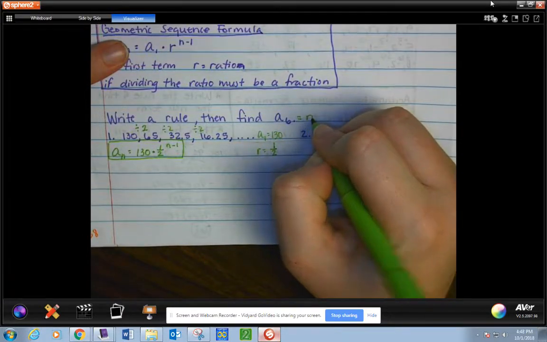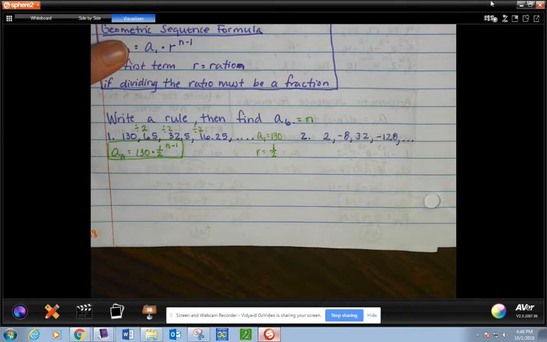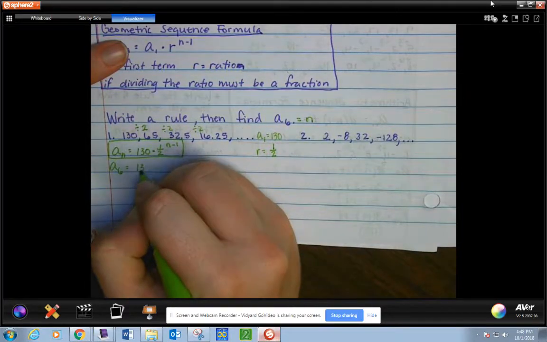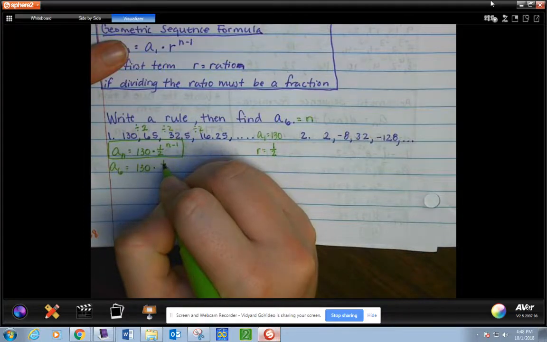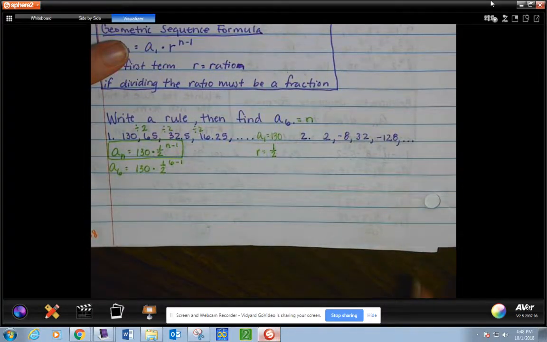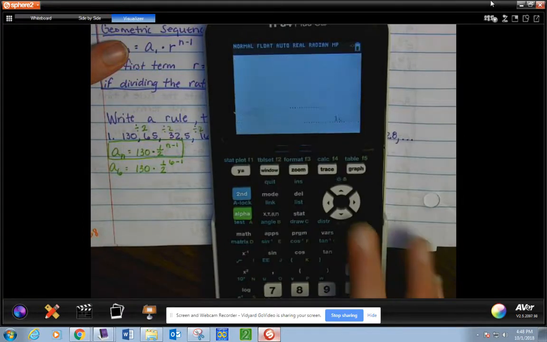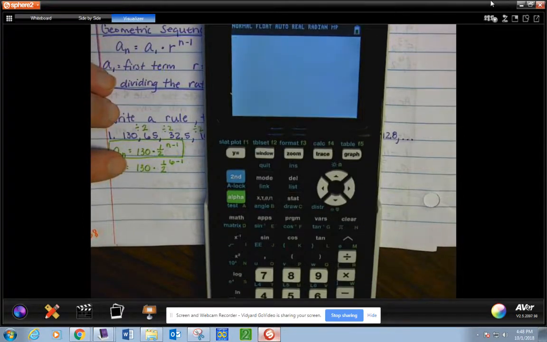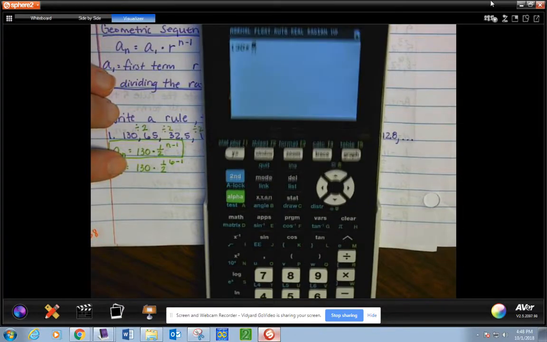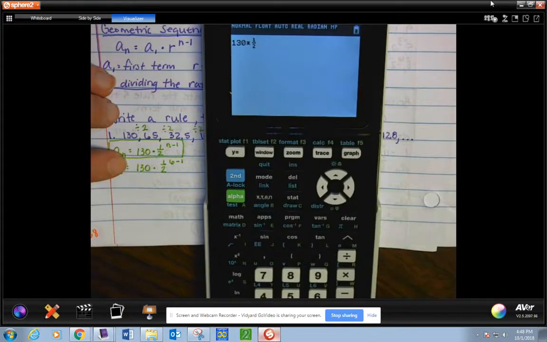Now, step 2, now that I have a sub 6, remember that a sub 6 just means what we're going to be plugging in for n. So n equals 6. So I'm going to do a sub 6 equals, and we're going to have 130 times 1/2 to the power of 6 minus 1. Okay, so I'm going to clear this out, and I'm going to type this: 130 times 1/2, and we're going to go to the power of 6 minus 1.